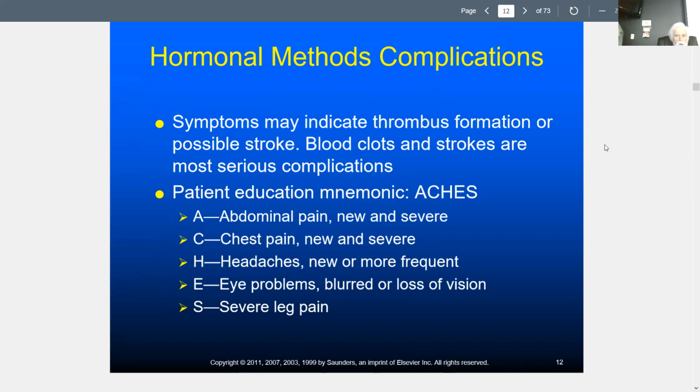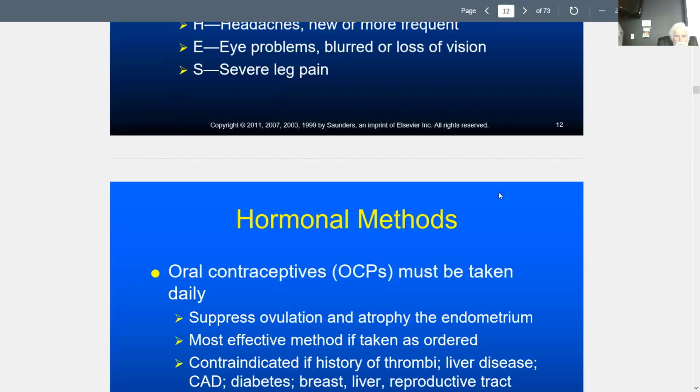They mention here thrombus formation and stroke, and blood clots, and they give you this mnemonic, ACHES, for things to be on the lookout for. What they've left off here is that certain of these things also kill your gallbladder.